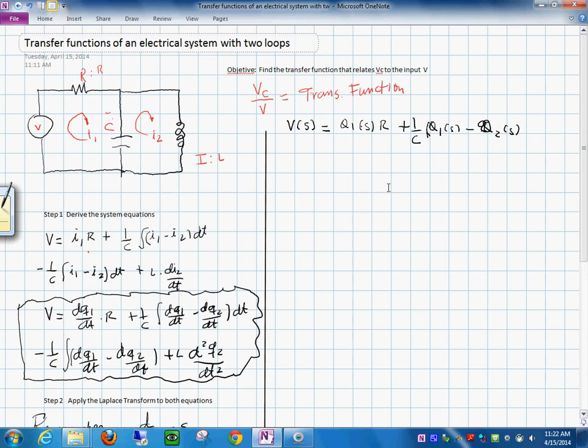And so that's what this is. And if we apply it to the second equation, you'll have minus 1 over C times Q sub 1 of s, Q sub 2 of s, like this. And then this would be minus dq2/dt.